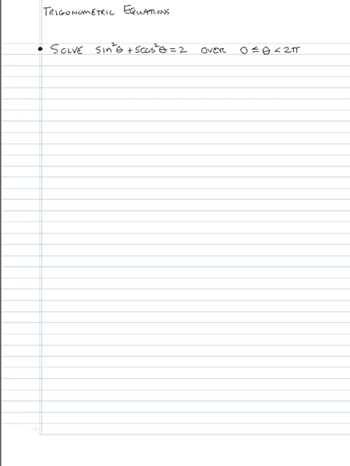Let me point out to you that normally when we have more than one trig function, we try to create an equation with a single trig function. We've seen several examples. That's what we've done so far, and it's worked for us.